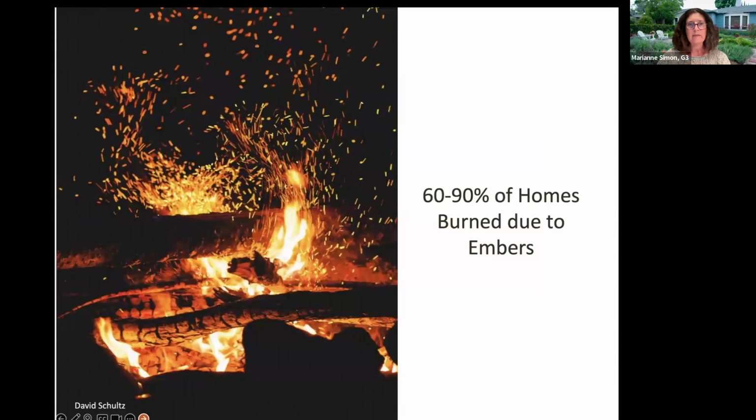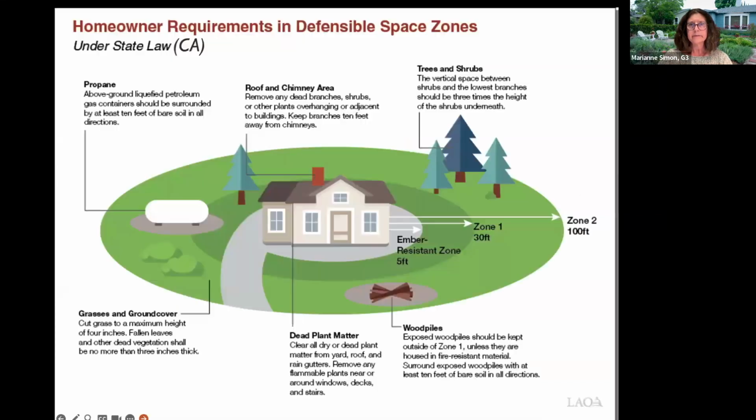So we're going to look at some things that you definitely want to consider if you are in the wildland-urban interface, and even generally. I live in Santa Monica in an urban setting, but those embers could just as easily have traveled a little bit further if the wind was blowing in my direction. So it's gotten to the point where it doesn't really matter where you live. It is definitely worth taking a look at.